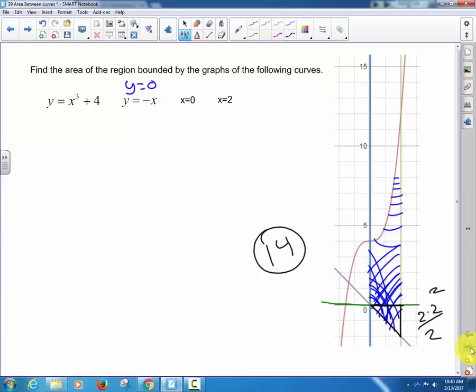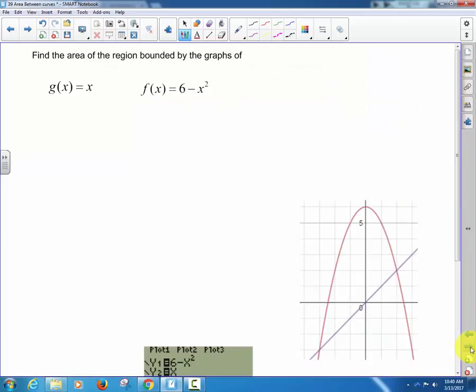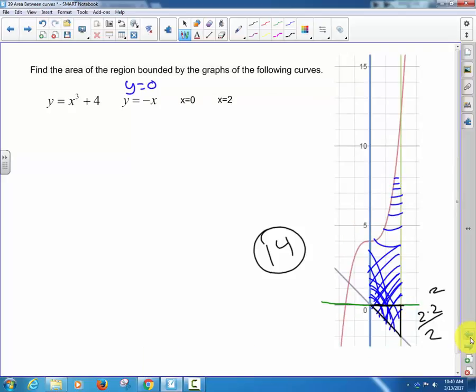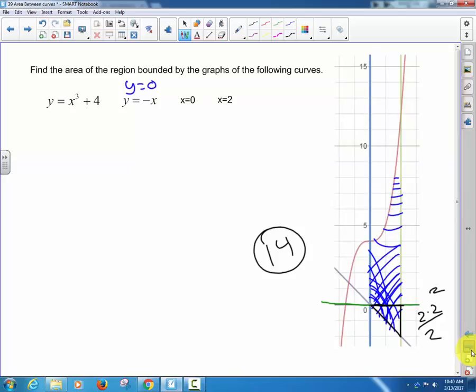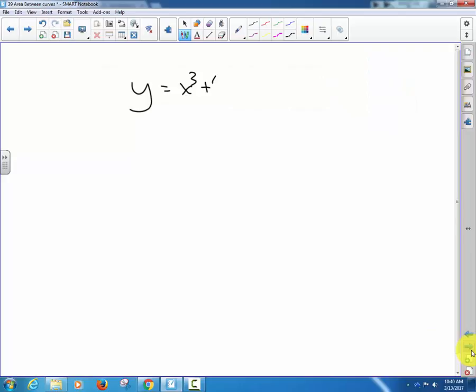Now, what if the bottom hadn't been a nice straight line like that? What if it had been a parabola? How would we have done it then? Not yet. So how would we do it if instead, and y'all don't have to write this down, but what if we had y equals x cubed plus 4, y equals x squared minus 2, x equals 0, x equals 2.